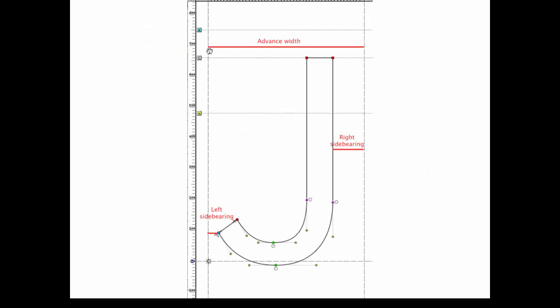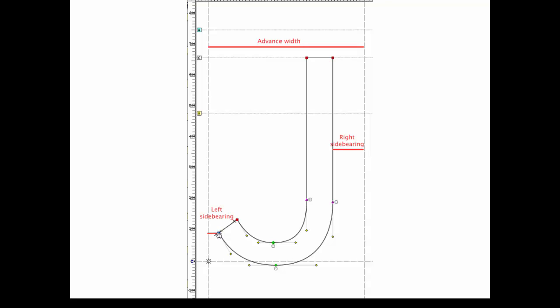So a couple of terms that I've already started using. Side bearings, the left and right side bearing, are the amount of space between the space reserved for the glyph. The entire space reserved for the glyph, by the way, is the advance width. The side bearings are the amount of space between the space the glyph is in and the edge of the sort of inked part of the glyph.